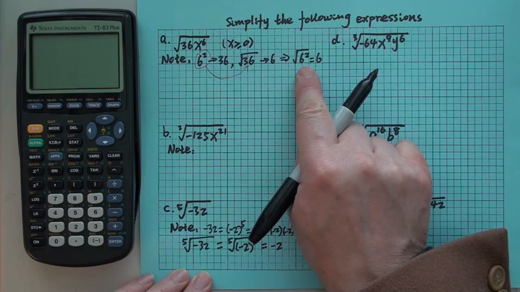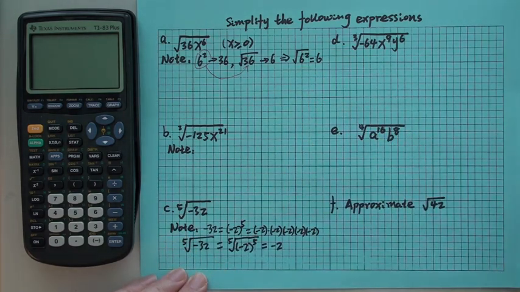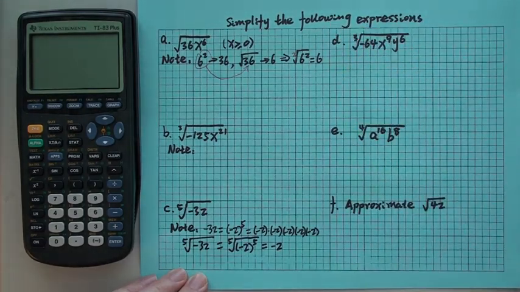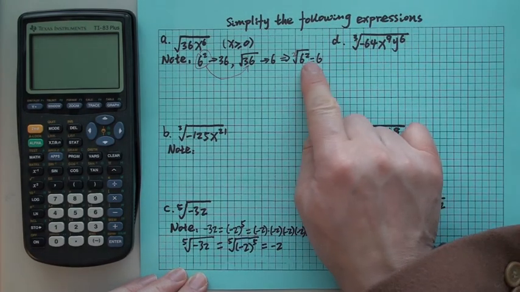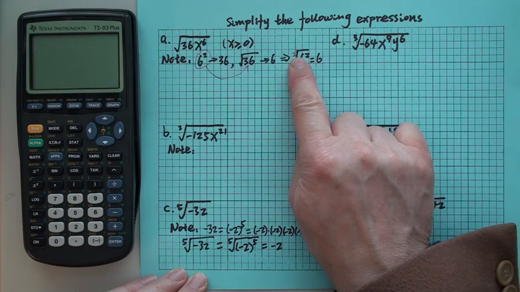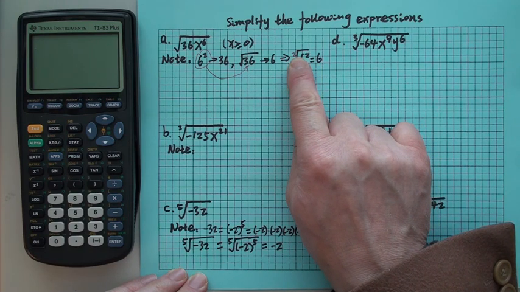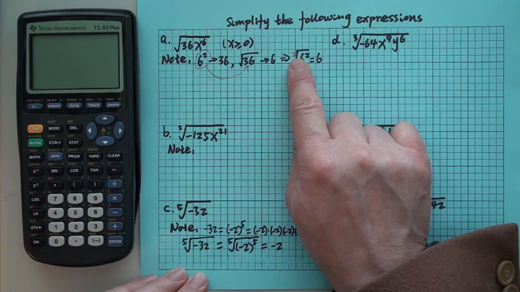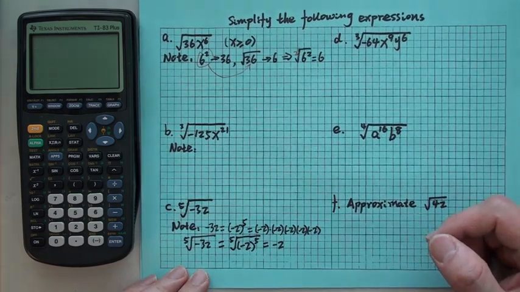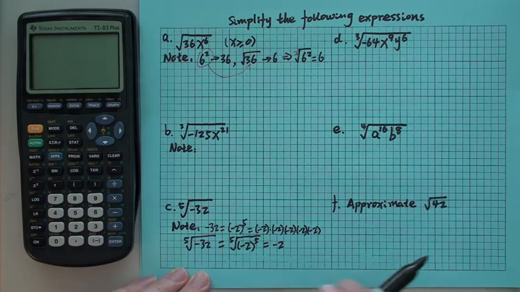So actually there was a 2 here, the square root of 6 squared, but since it is 2, we simply do not write it. That's the reason.